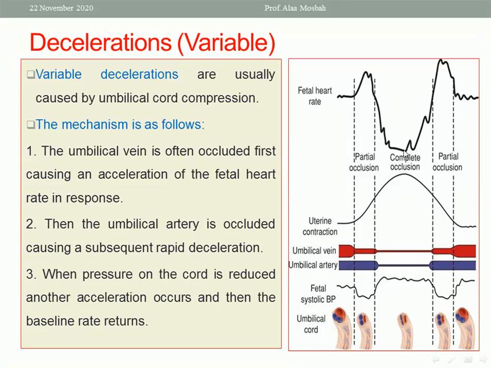Then relief of the pressure on the cord means more blood flow, so acceleration occurs again, making this picture: acceleration, deceleration, acceleration. We call it deceleration with shoulder, because it is preceded by acceleration and followed by acceleration, and we understand now the mechanism.